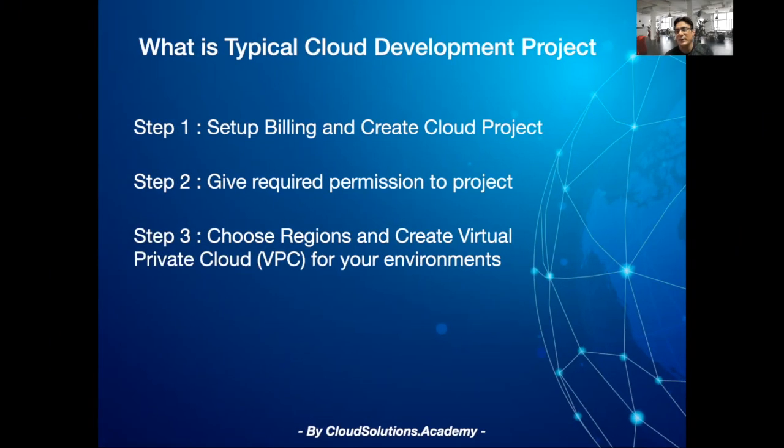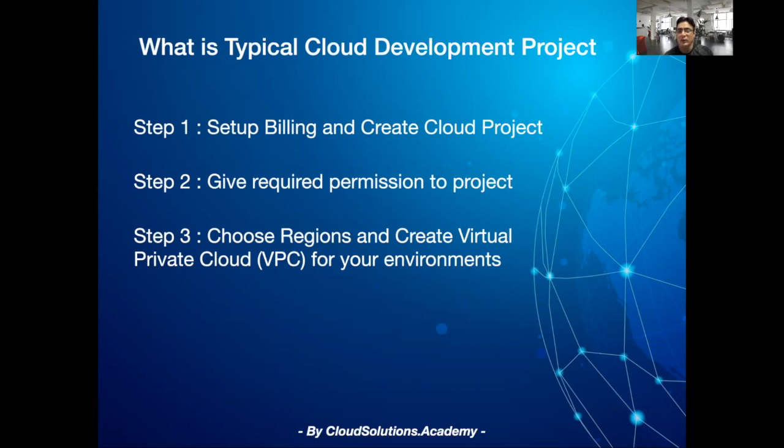The third step comprises choosing regions and creating a virtual private cloud for your environments. I'll talk about what a virtual private cloud is in one of the later videos. As part of that, you choose regions where you want to deploy the workloads, depending on your application requirement.